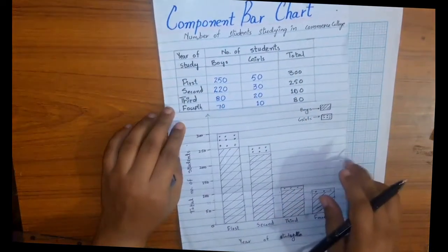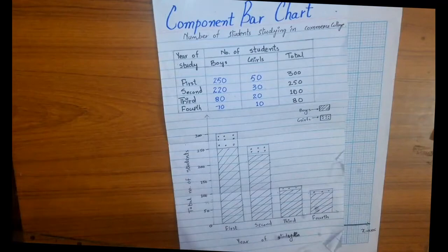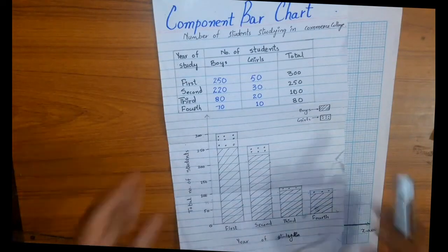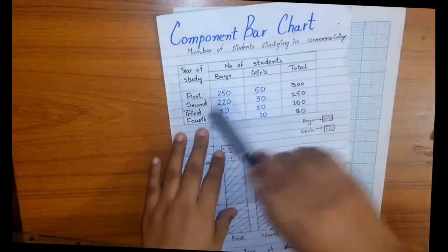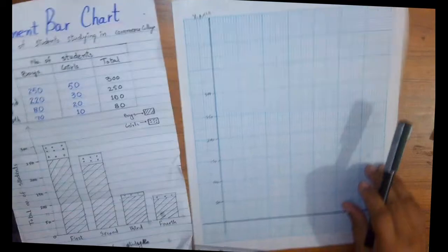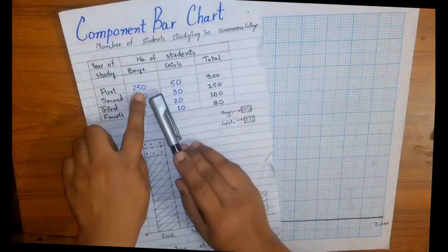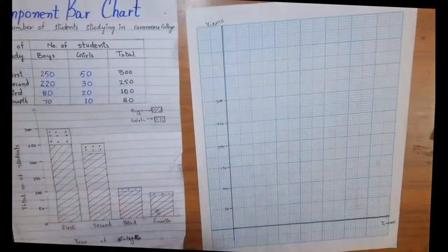On the x-axis we will take the group, or here we have year of studies, which is first, second, third and fourth. And now we are going to construct component bar charts for the number of students in different years of studies. We will construct a graph for boys first and then girls. Here in the first year the number of boys is 250.